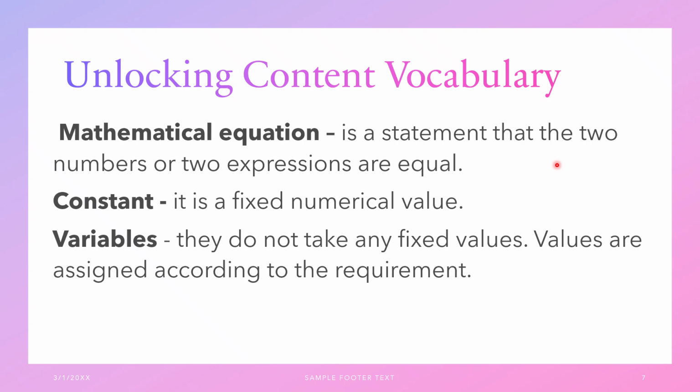A mathematical equation is a statement that two numbers or two expressions are equal. A constant is a fixed numerical value. Variables do not take any fixed values. Values are assigned according to the requirement. Okay, so only constants are fixed values.